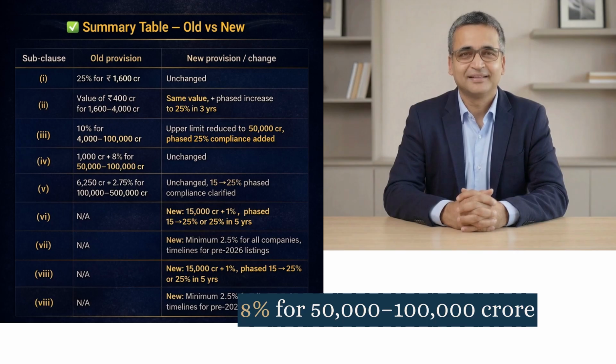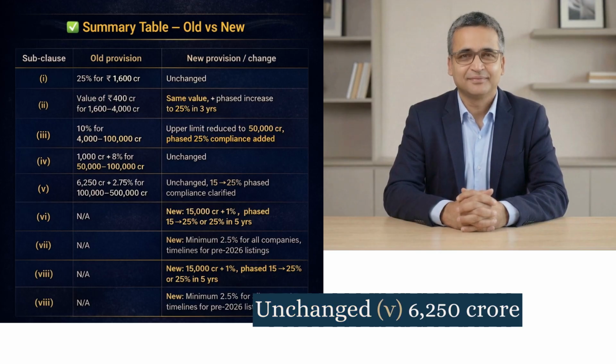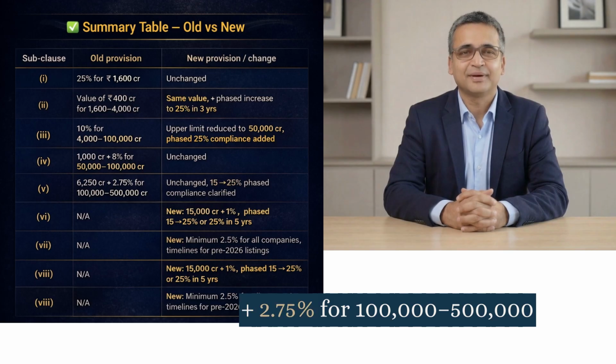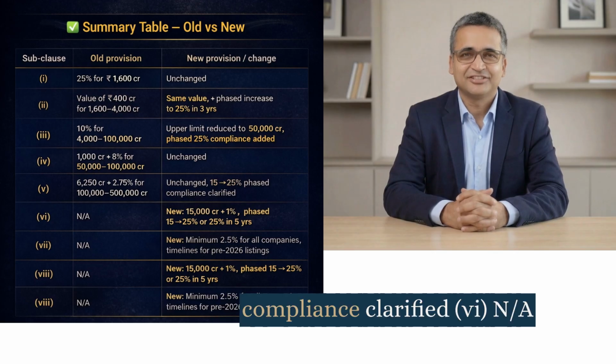4. 1,000 crore plus 8% for 50,000 to 100,000 crore. Unchanged. 5. 6,250 crore plus 2.75% for 100,000 to 500,000 crore. Unchanged. 15 to 25% phased compliance clarified. 6.